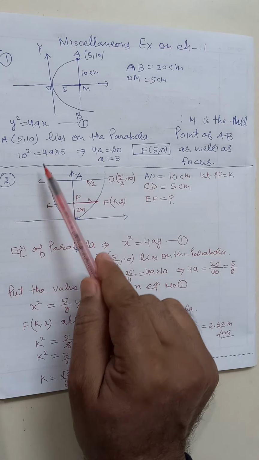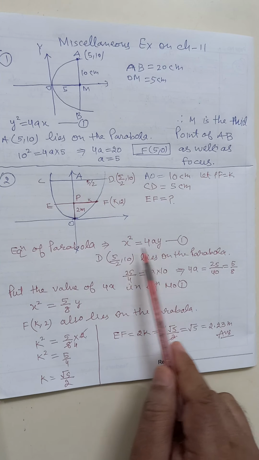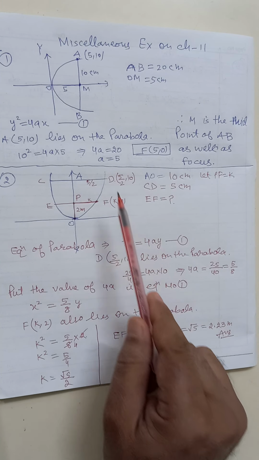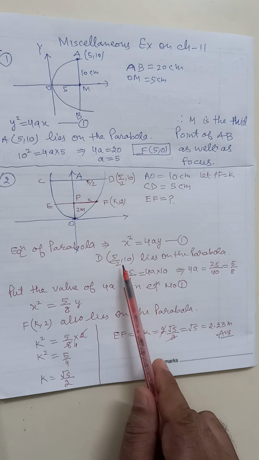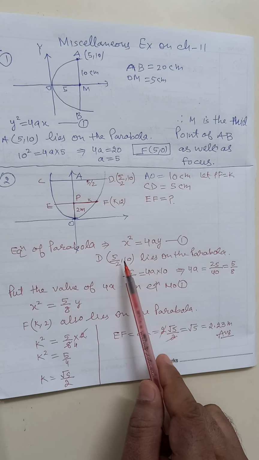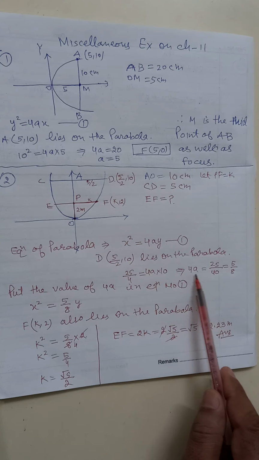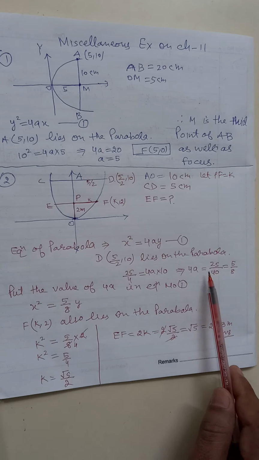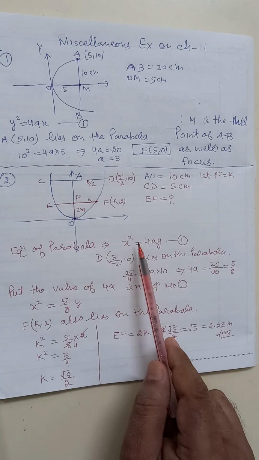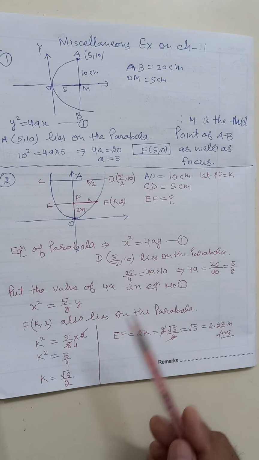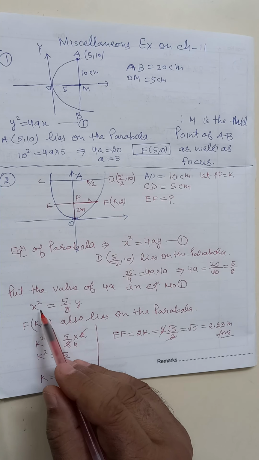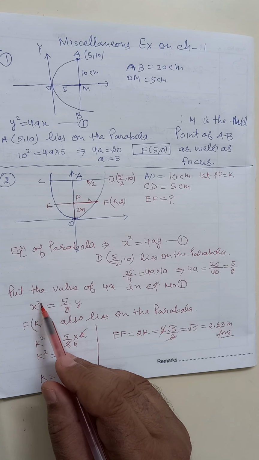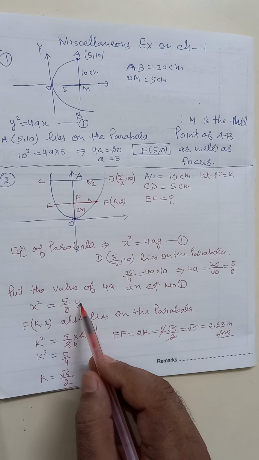You can check again. This is the equation of vertical parabola, x square is equal to 4ay, and you know that the point D satisfy the equation. From this relation you can find out the value of 4a, or you can find out the value of a. After that put this value in the original equation 1, and the situation is like that, x square is equal to 5 by 8 y.